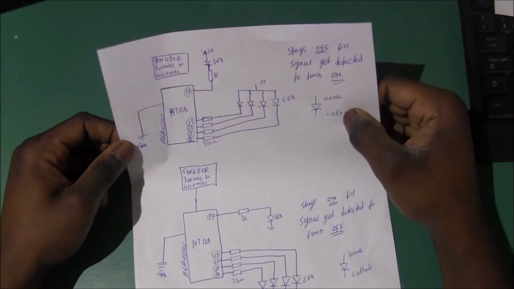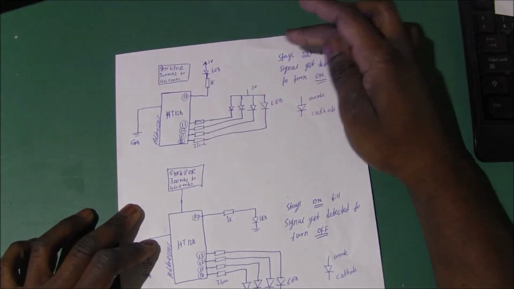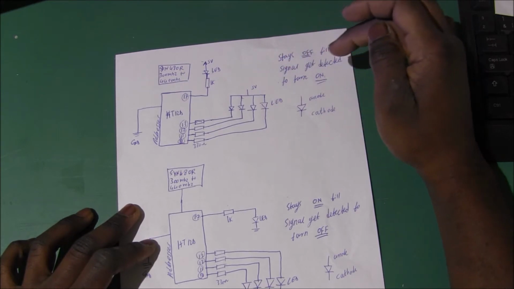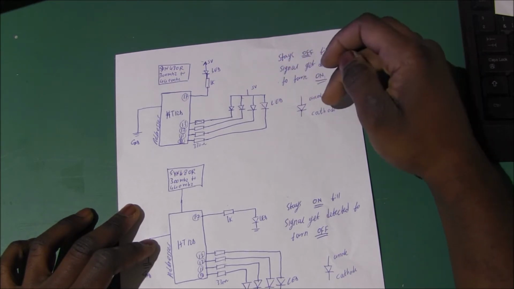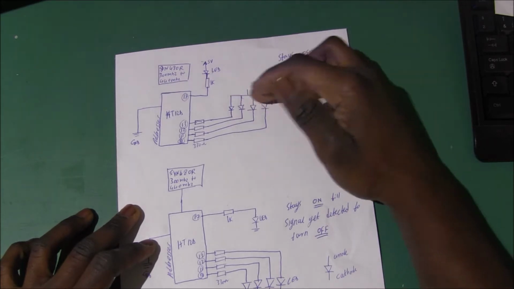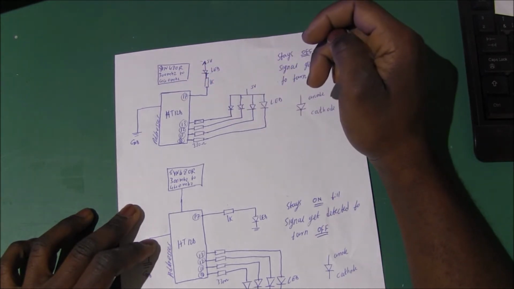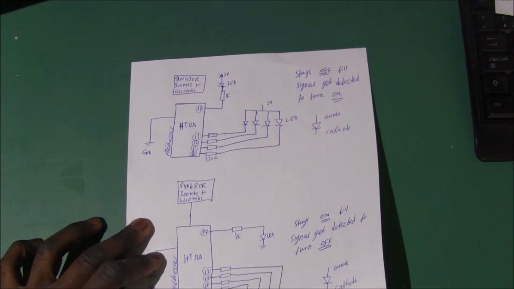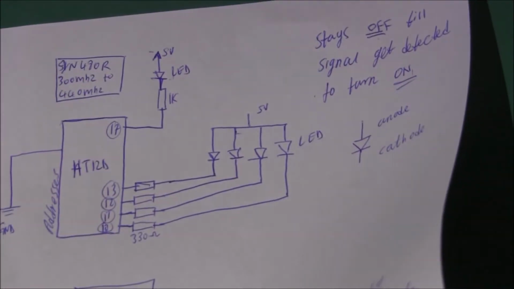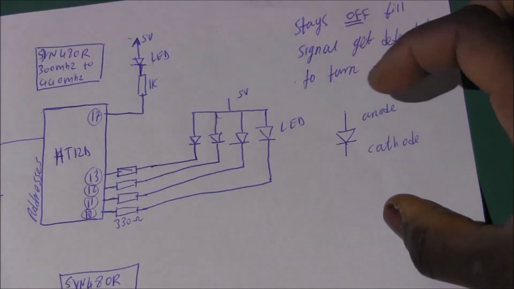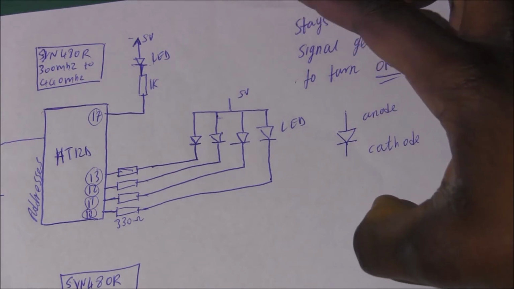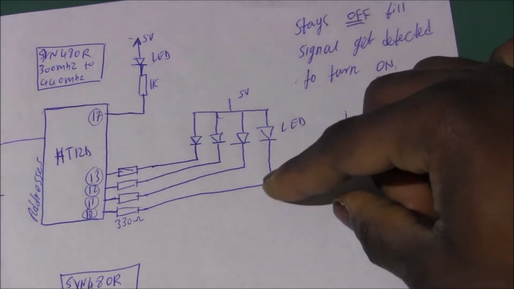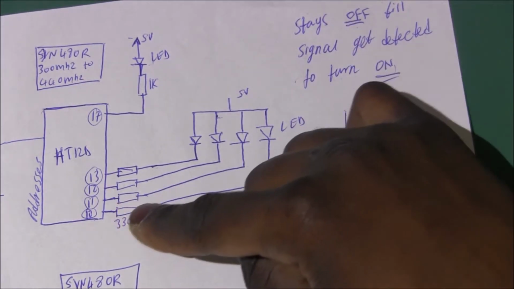So today we're gonna be experimenting in different sections. The first configuration stays off until a signal gets detected to turn on the LEDs here, and the LED is also gonna blink. If I zoom in a little bit here, you can see the difference is that the anode is to the positive rail, and the cathode is going to the IC itself.